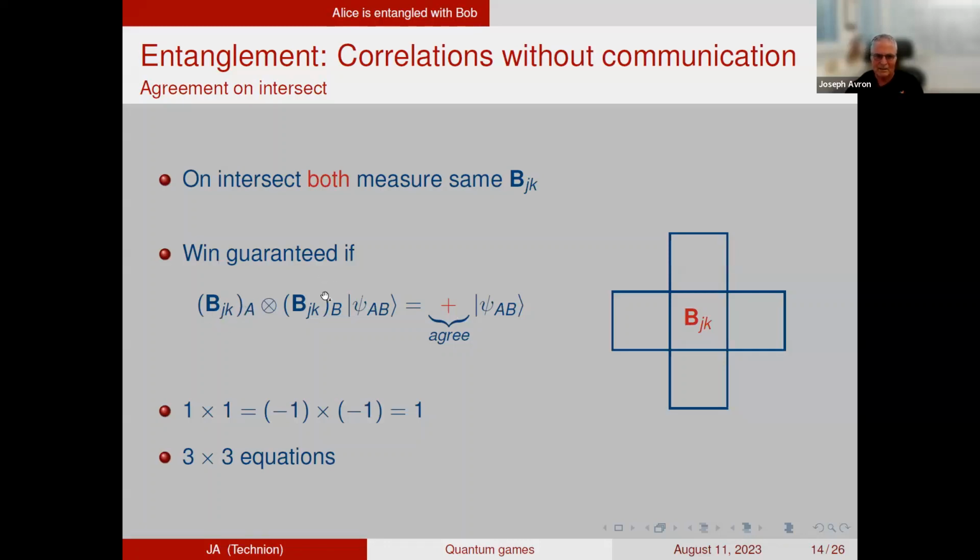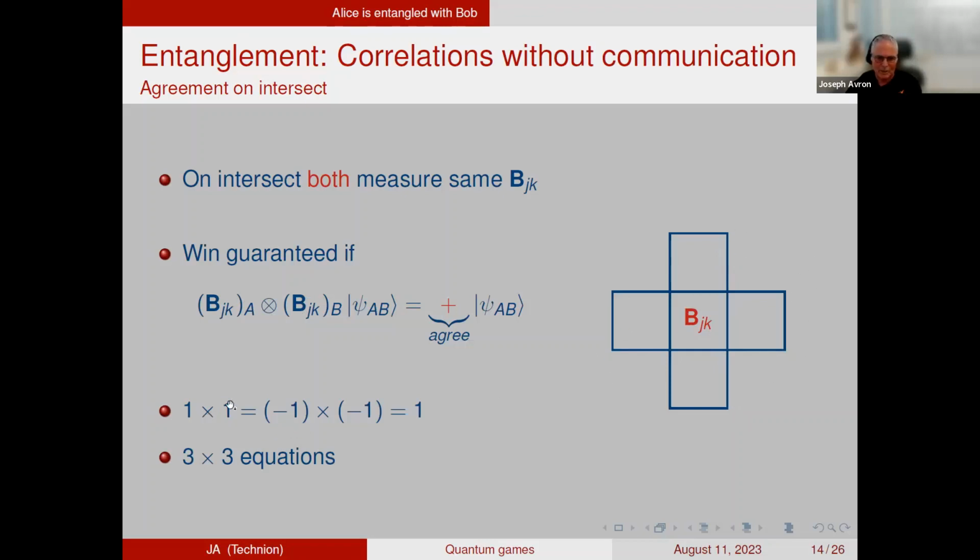If one of them would get plus and the other one minus, this would not satisfy this equation. So as part of their strategy, before they go to their separate rooms, Alice and Bob have to prepare a quantum state psi_AB which is an eigenstate of this B_JK, the same for all 9 observables in this table, okay?